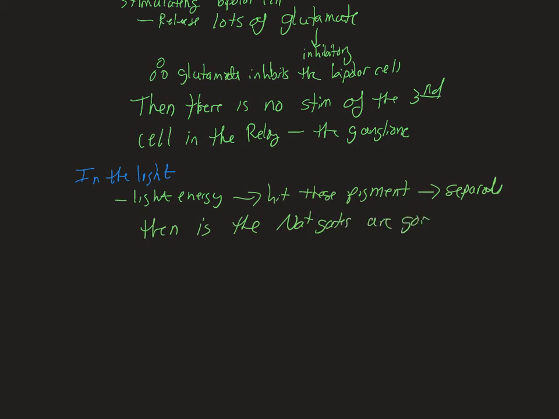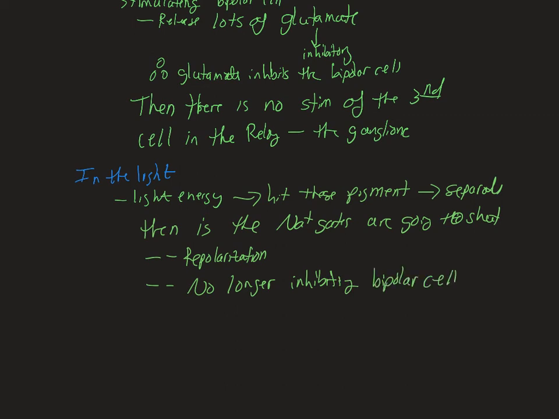And the receptor begins repolarization. And then finally hyperpolarization, okay? When that happens, you are no longer sending that glutamate out and inhibiting the bipolar cell, okay? Therefore, the ganglionic cell is then triggered to send an action potential, okay?